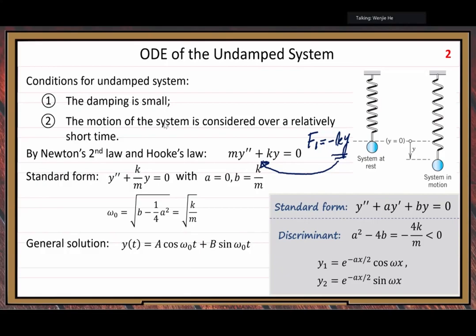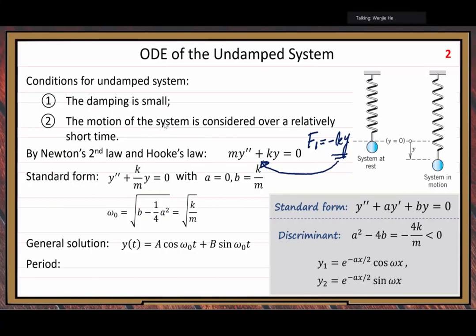Capital A, capital B should be determined by initial conditions. Here we do not have initial conditions. Later, when we have initial conditions, for example y of 0 given, y prime of 0 also given, we can find capital A, capital B constants.